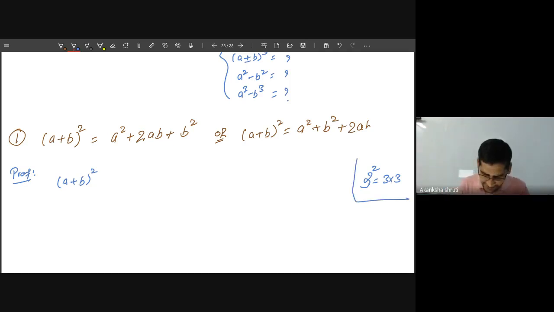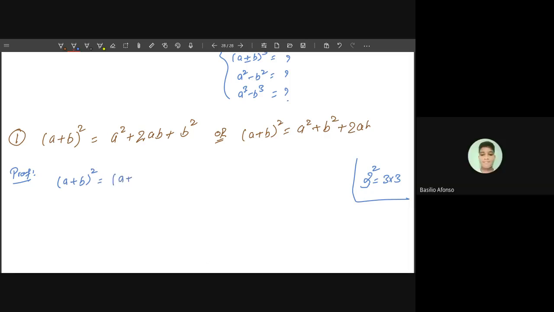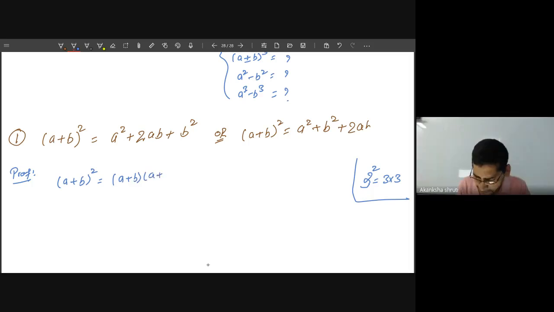In a similar fashion, (a plus b) whole square can simply be written as (a plus b) into (a plus b). Good. Now it is the product of two brackets, and we have already learned that the first term of the first bracket will be given to the second bracket, then the second term of the first bracket will also be given to the second bracket.